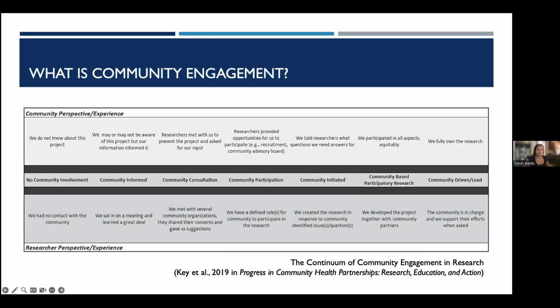I actually prefer this way to look at the spectrum because it says at the top, you see the community's perspective and experience, and at the bottom, you see the researcher's perspective and experience, right? So wherever you are, you can kind of orient yourself to the top or the bottom of the spectrum here.